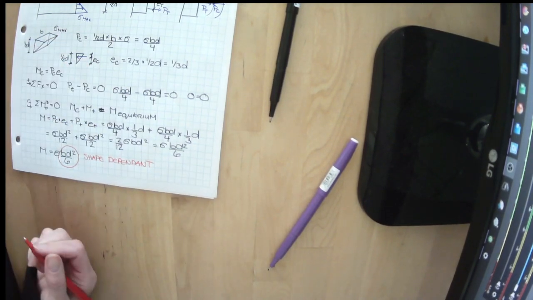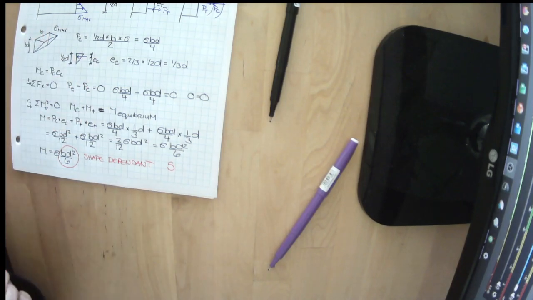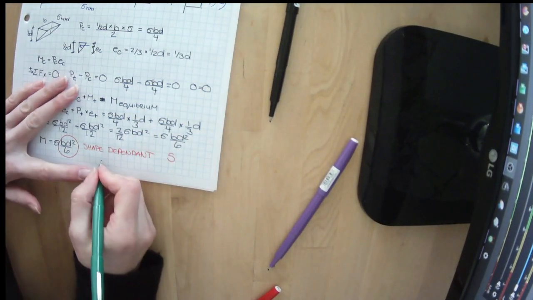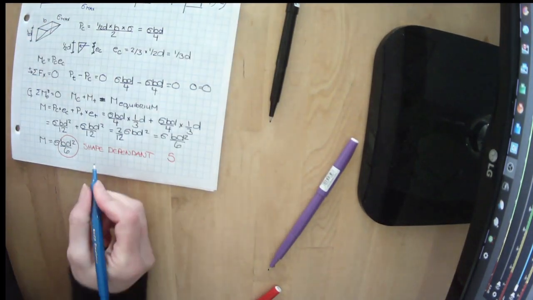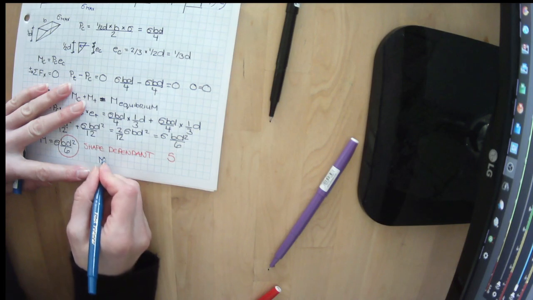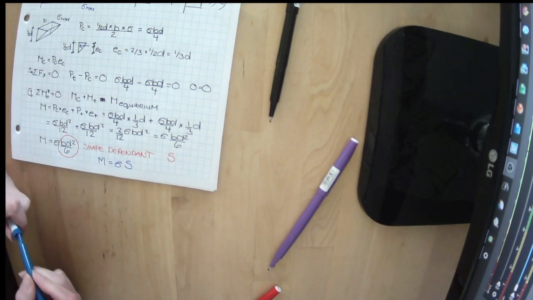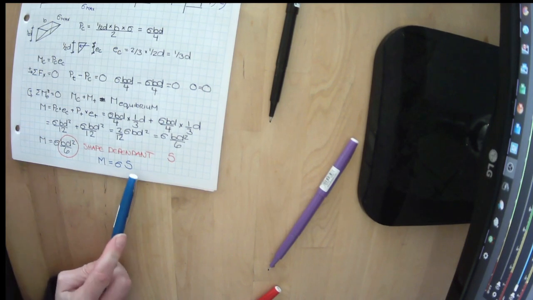In fact, maybe let's give it a name. Let's call it S. So let's use S as a placeholder right there. What we've derived is that M equals stress times S. The stress is about the material.